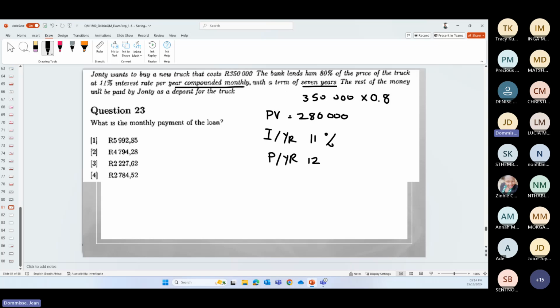I always miss that if I don't write it out in numbers. 7 years would give us 84 periods. The rest of the money will be paid by Jonty as a deposit. They basically want to know what his monthly payment is.